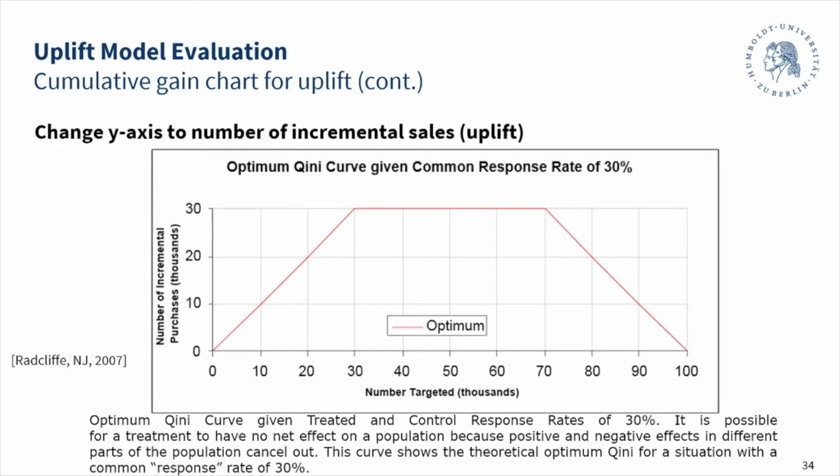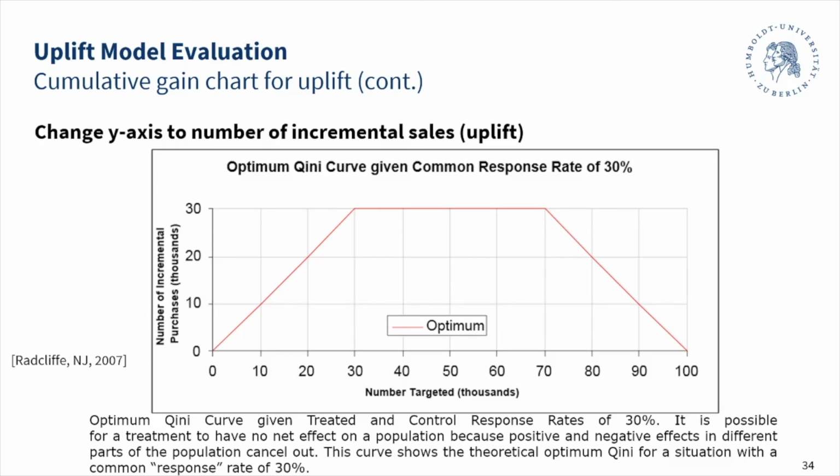We have the same x-axis, number of targeted people, and we have the number of incremental purchases. This incrementality comes from comparing results among treatment and control group customers. Assume we have in each group, control and treatment, a response rate of 30%. Typically, it will not be the same, but let's assume it's the same.